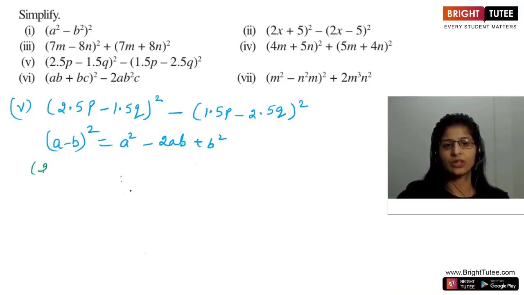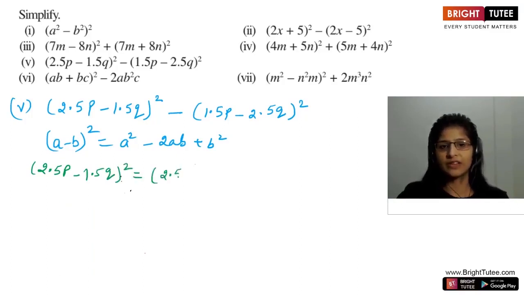Let us first solve (2.5p minus 1.5q) whole square. So putting the values in the formula, we will get 2.5p whole square, minus 2 into 2.5p into 1.5q, plus b square, b is here 1.5q.